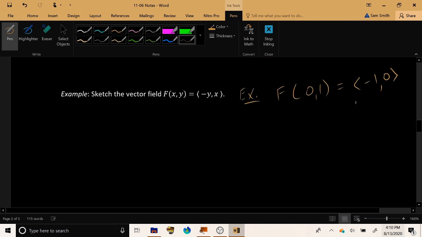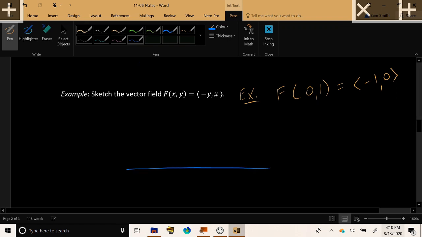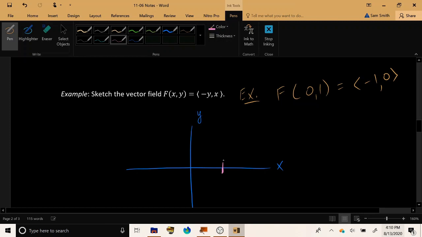Now let's talk about how we visually represent vector fields. We visually represent vector fields on the xy plane. So let me sketch that first. Then we take a point in the xy plane, such as the point 0, 1 that we considered in our brief example. At the point 0, 1, the vector field output the vector negative 1, 0.